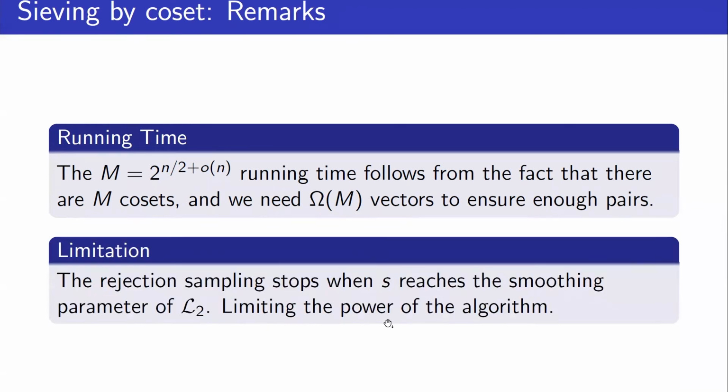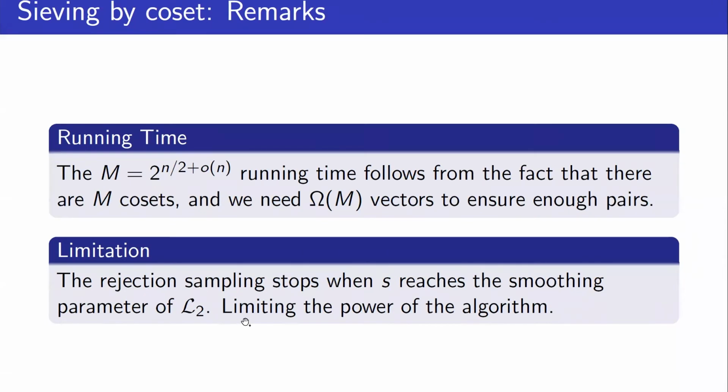And the limitation on this previous sieving by coset step is that the rejection sampling, the very last step where we throw away some of the vectors, stops when this parameter S reaches around the smoothing parameter of L2.